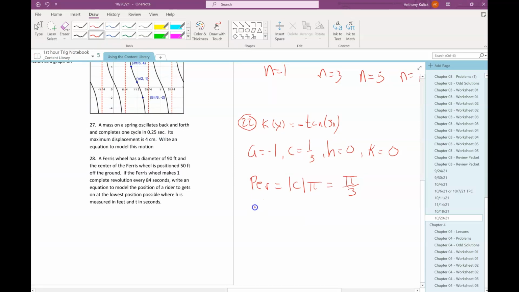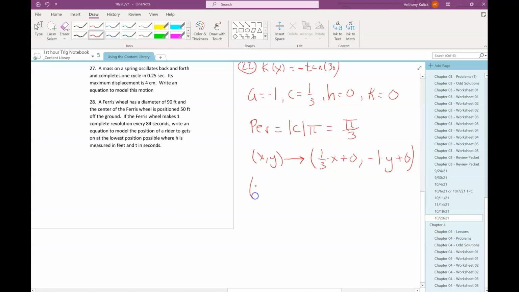And then the next thing we want to do is to graph this. So I'll go ahead and write my transformation map. So Cx plus H, Ay plus K. And we'll do this on our key points, which I have memorized.